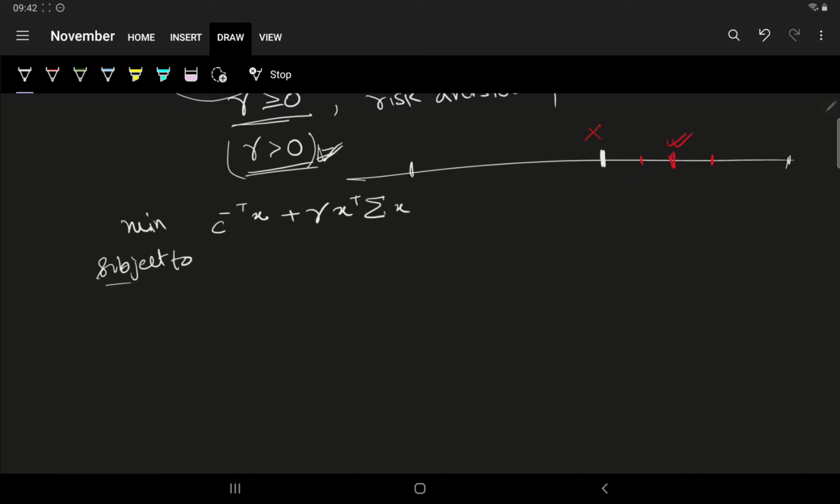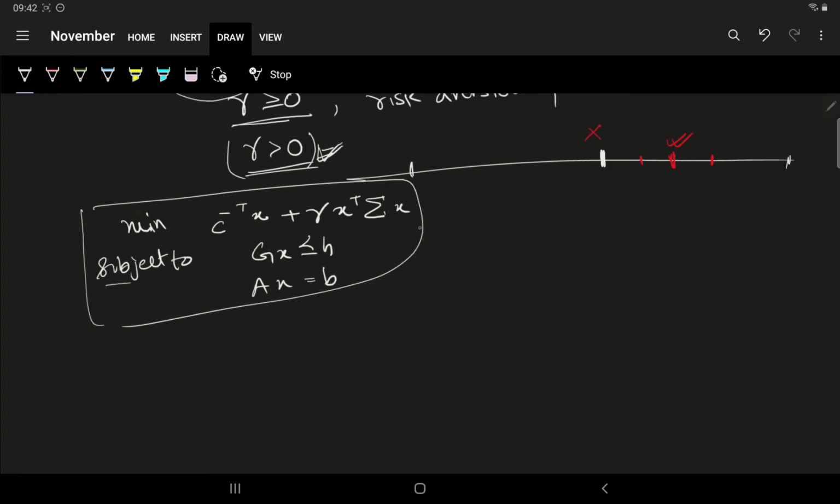The objective will be a quadratic function, and the rest will remain the same. So now this is a quadratic program.